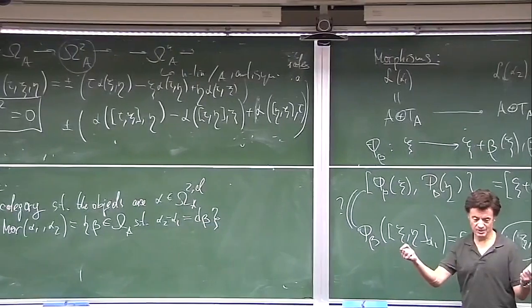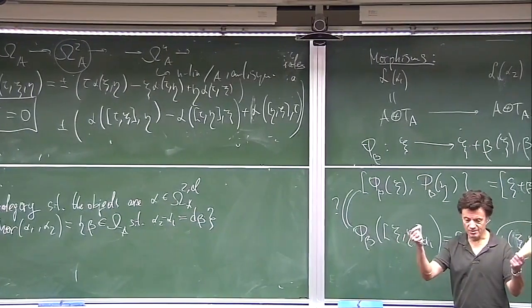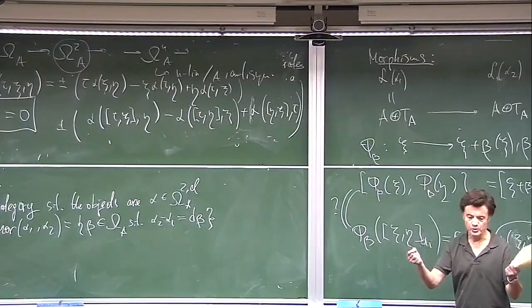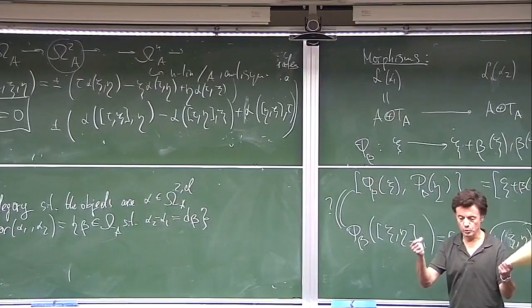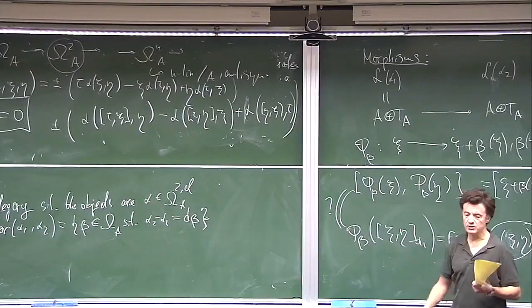So the category of closed two forms, with morphisms between closed two forms being one forms whose differential equals the difference.